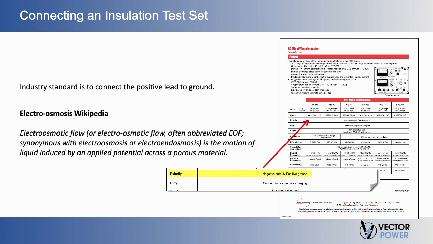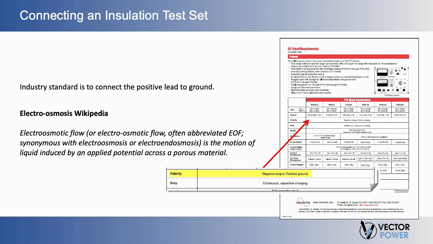With modern insulating materials, there is little if any difference in the readings obtained regardless of the way the terminals of the test set are connected. However, did you know that connecting the positive lead to the ground is the industry standard? The output polarity of DC high potential test sets is designed to be negative polarity, positive ground.